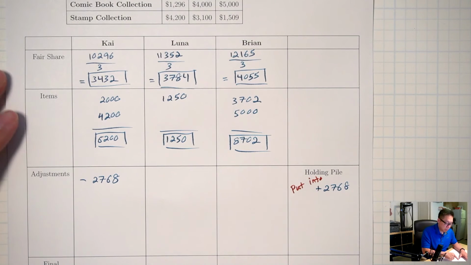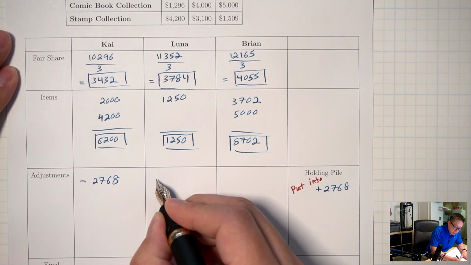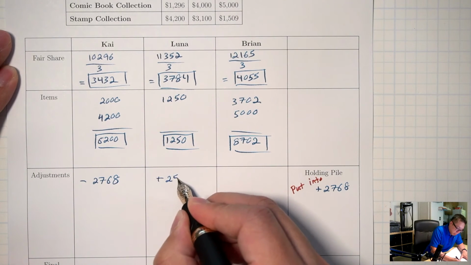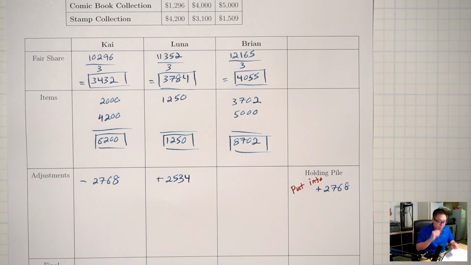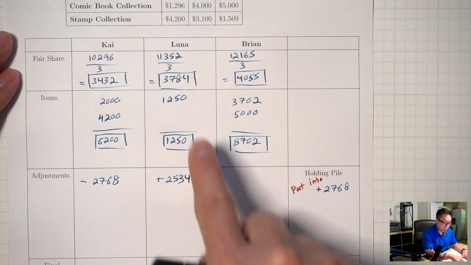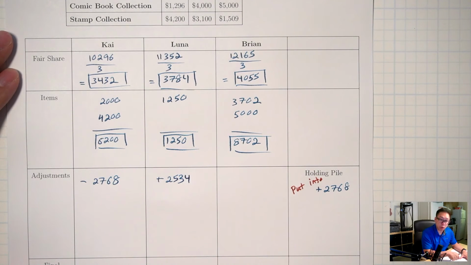Next up is Luna. Subtract 3784 minus 1250. Okay, so I got a positive answer here, so this is a plus 2534. I did expect a positive because she deserves 3784 and she only got 1250, so we need to add some cash for her.